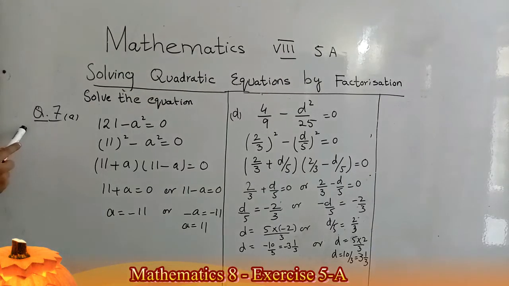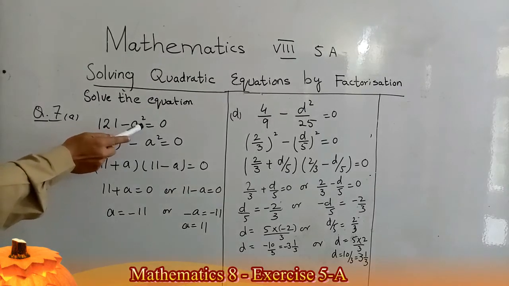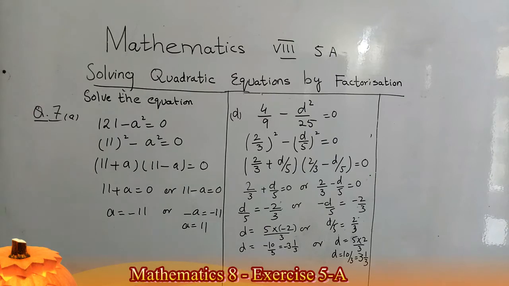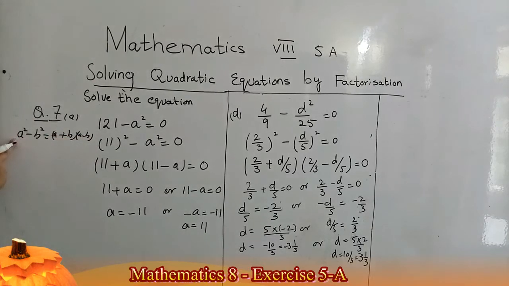Now question number 7, part A, 121 minus a square is equal to 0. First of all, I will convert this question in the form of this identity. So this identity is a square minus b square is equal to a plus b into a minus b.